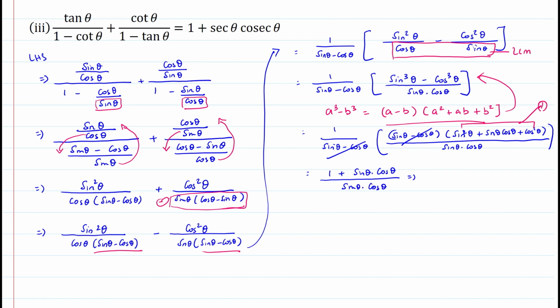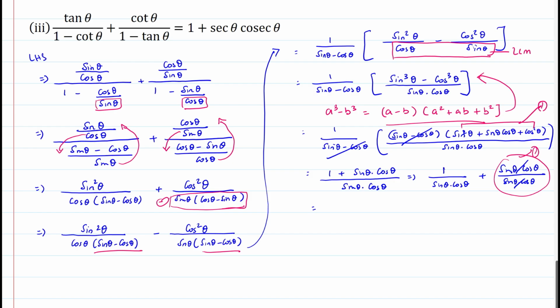That equals 1 divided by sin theta into cos theta plus sin theta into cos theta divided by sin theta into cos theta. These two terms will get cancelled and this particular part will become 1.